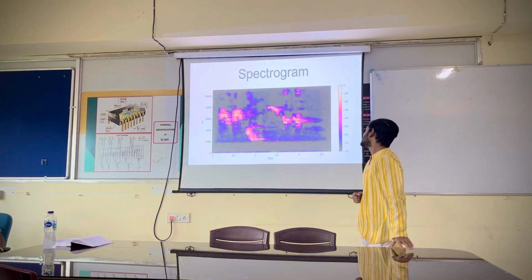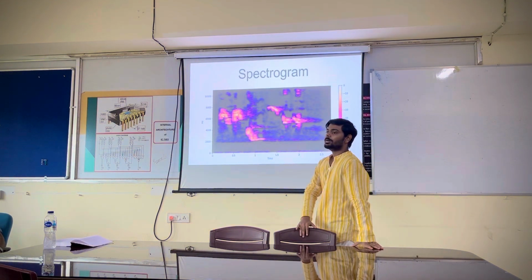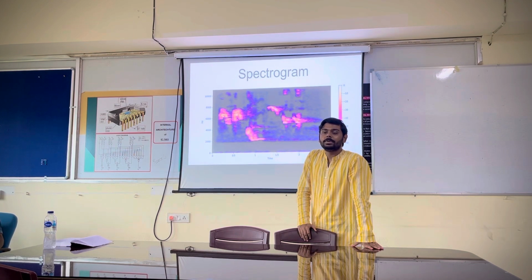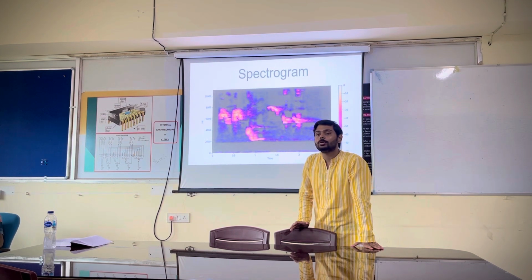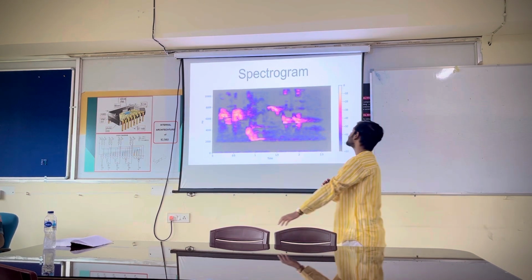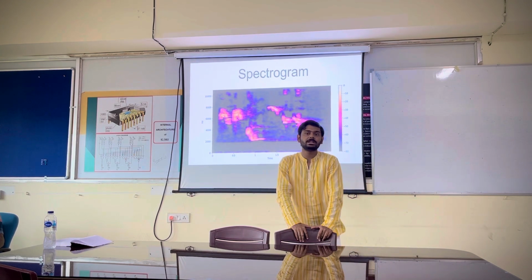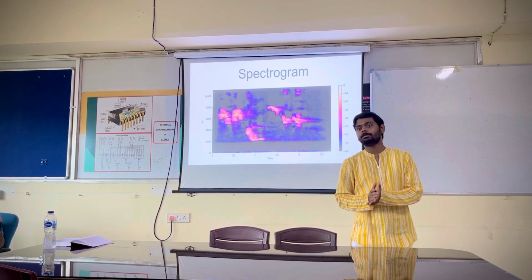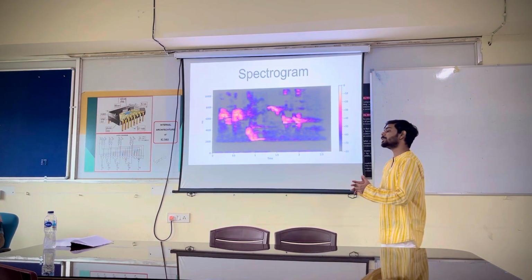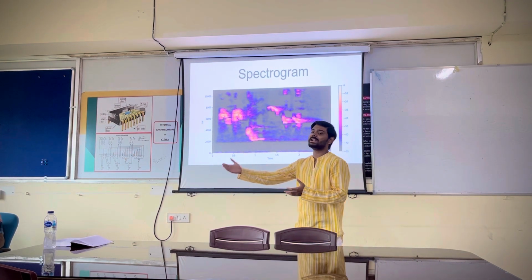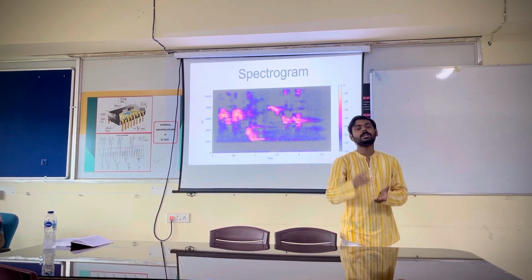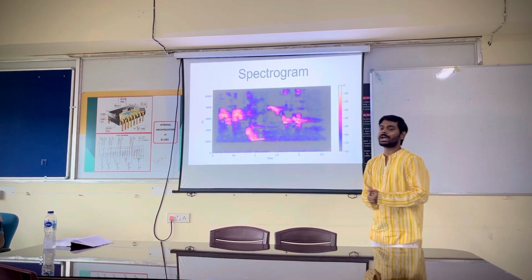Okay. But what if we need to calculate it for the entire audio? Then we use something called a spectrogram. A spectrogram is the frequency spectrum, but measured for the entire duration of the audio, meaning with respect to time, right?